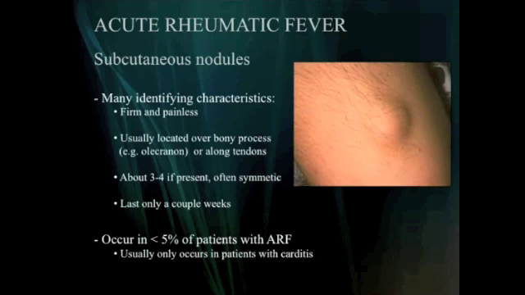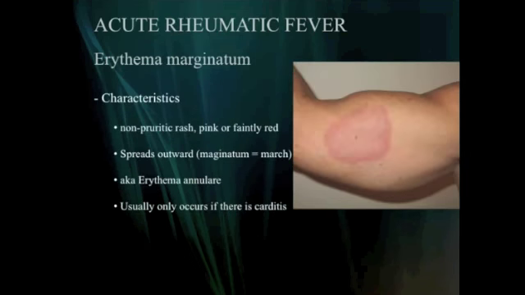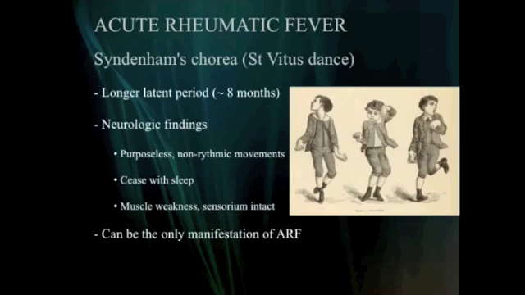The subcutaneous nodules tend to be firm and painless, usually over bony processes, an average of about 3 to 4, but they range from maybe 2 to 12, and they only last a couple of weeks. The erythema marginatum is a non-pruritic rash that spreads outward. It usually only occurs if there is carditis.